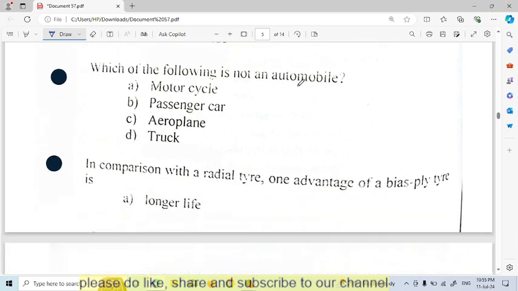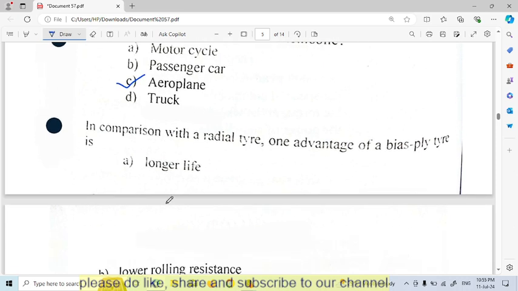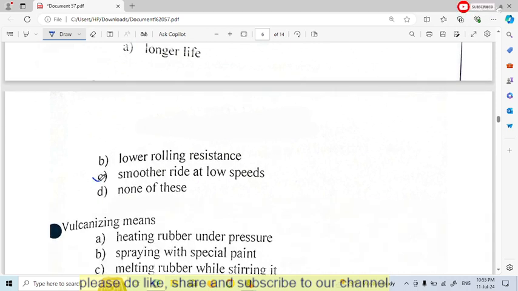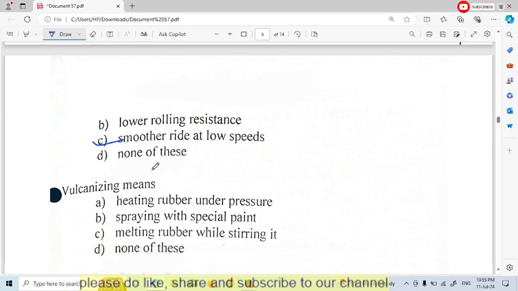Which of the following is not an automobile? Options are motorcycle, passenger car, aeroplane, truck. This is a simple question. As you know, aeroplane is not an automobile. In comparison with radial tire, one advantage of a bias ply tire is a smoother ride at low speed. So option C is the correct answer.